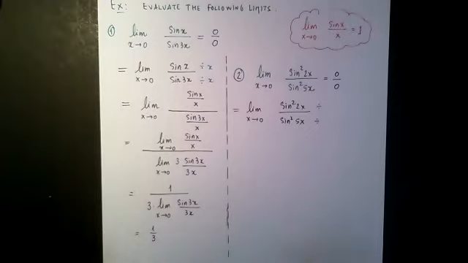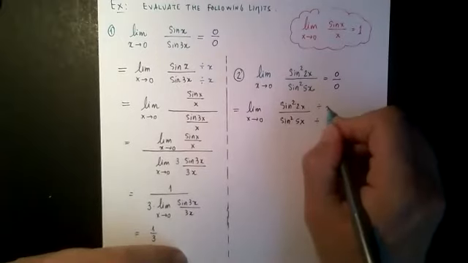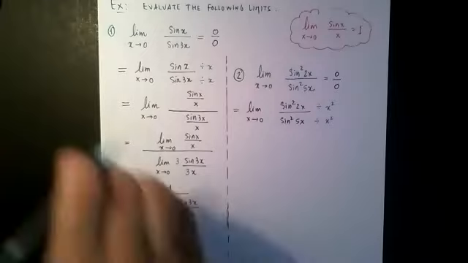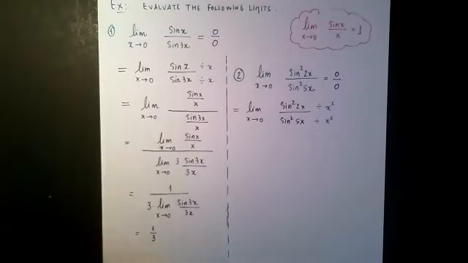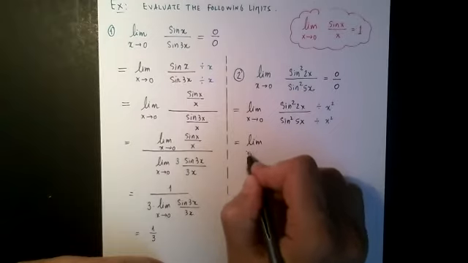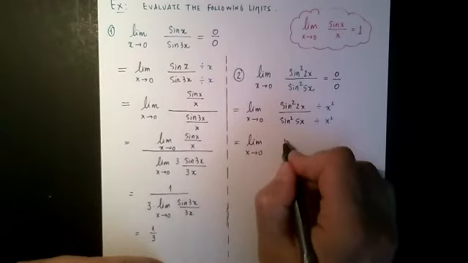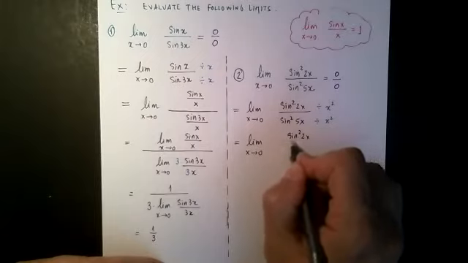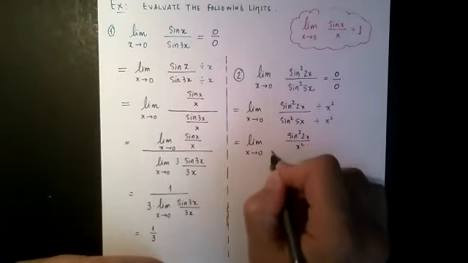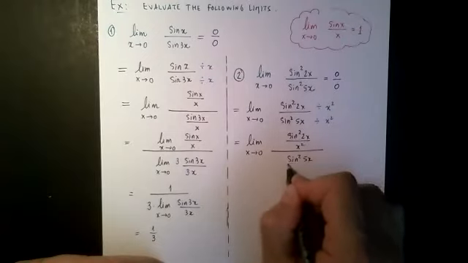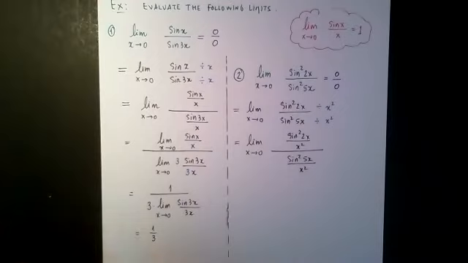Nice. Okay. So I'm going to divide by x squared. Because now I can go like this. Limit as x approaches 0 of sine squared of 2x over x squared, divided by sine squared of 5x over x squared.